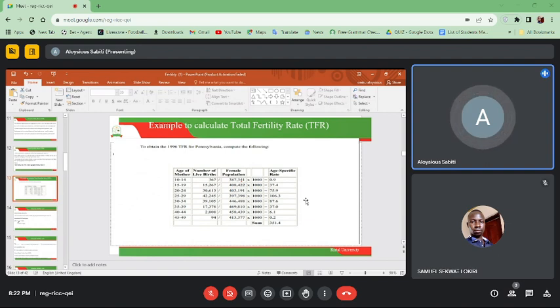So it would mean, if you rounded it off, roughly 2 children. So one woman would be required to produce 2 children as a replacement for this population.